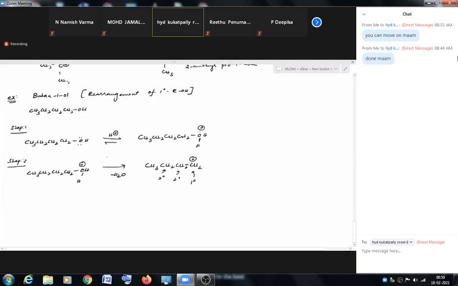So is there any possibility to get a more stable carbocation? What is the stability order for carbocation? Tertiary is more stable than secondary, which is more stable than primary. During this water removal, we are ending up with a primary carbocation, which is the least stable. This will not give us the major product.